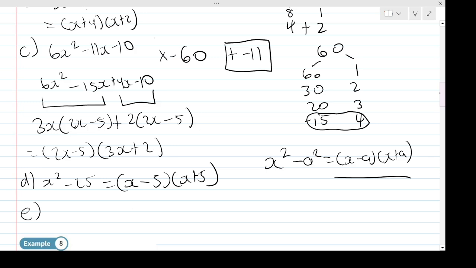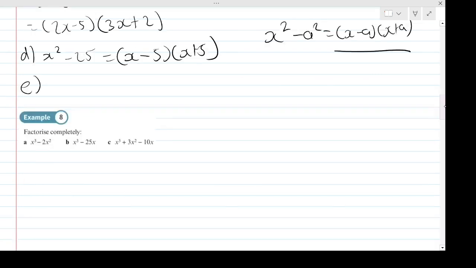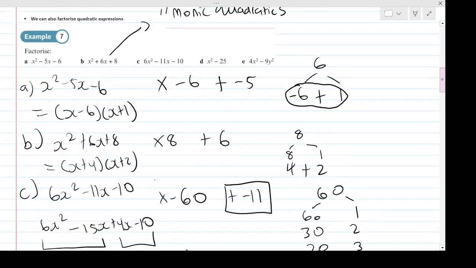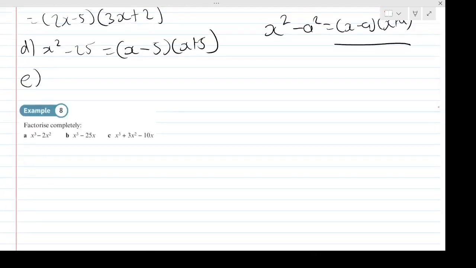Okay, part A, we have 4x squared minus 9y squared. And again, we need to spot these square numbers. Here, if you almost root both terms, if you root 4x squared, you'll get 2x, so 2x all squared will get us 4x squared.